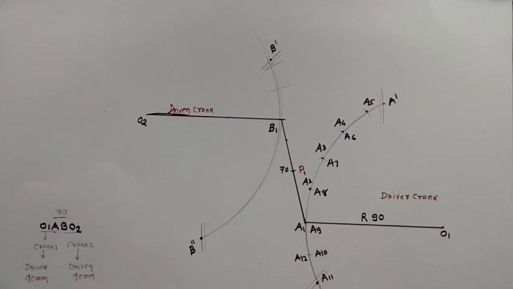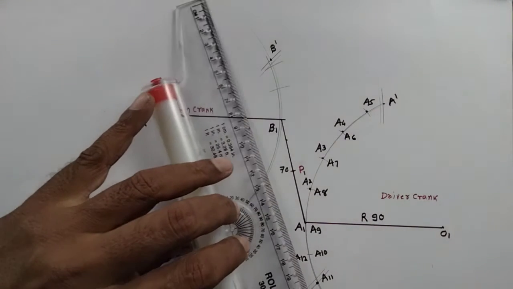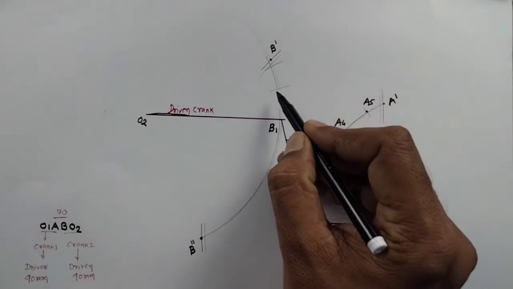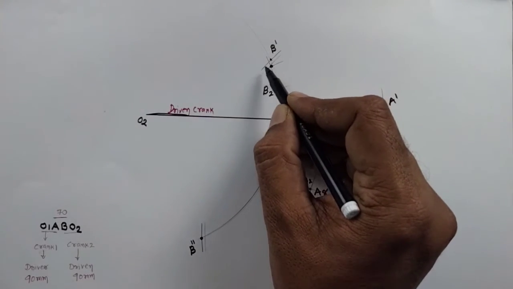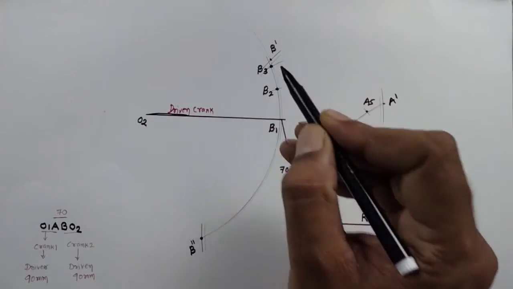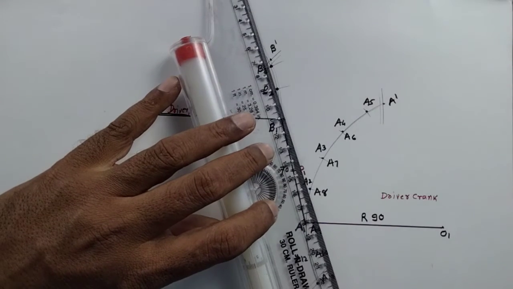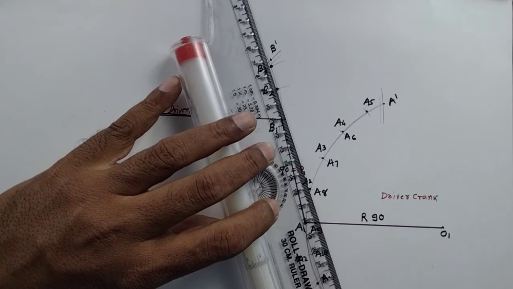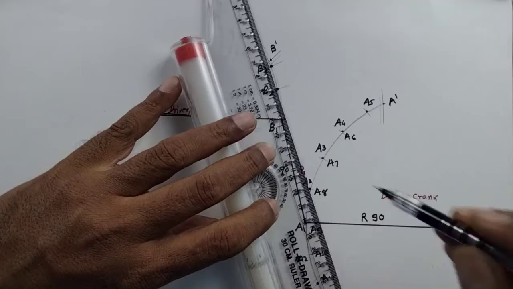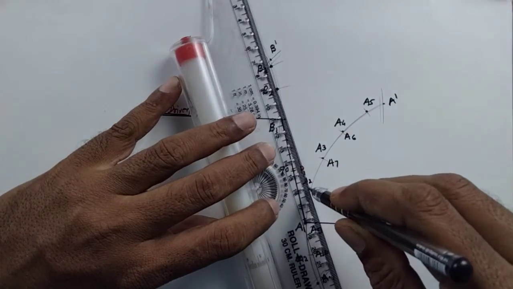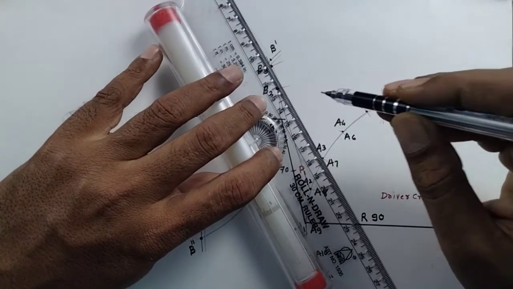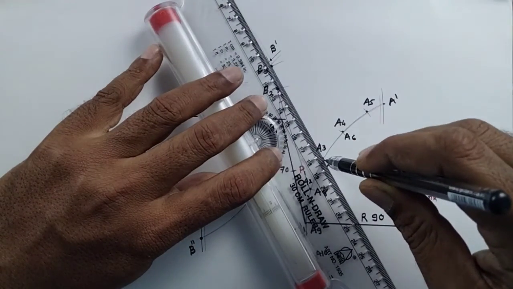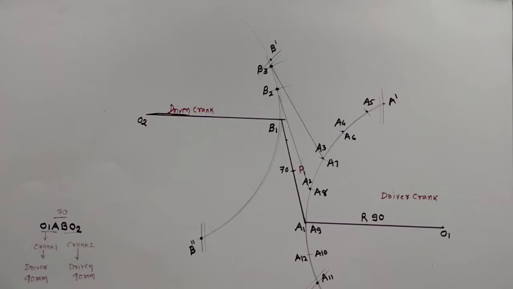Now first, we join our A2. This is our B2 point, this is our B3. So first I join the A2 B2 with a light line. Similarly, you can join your A3 B3 with a light line.